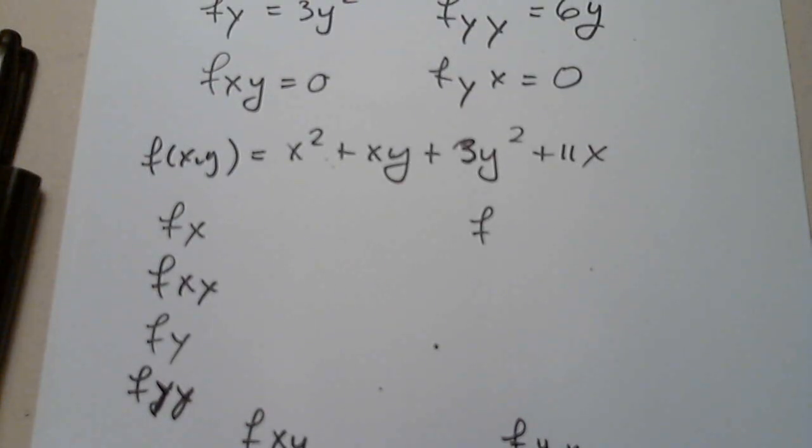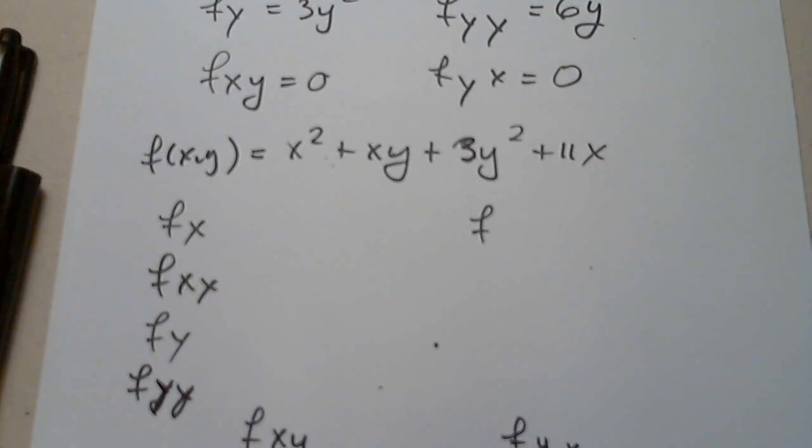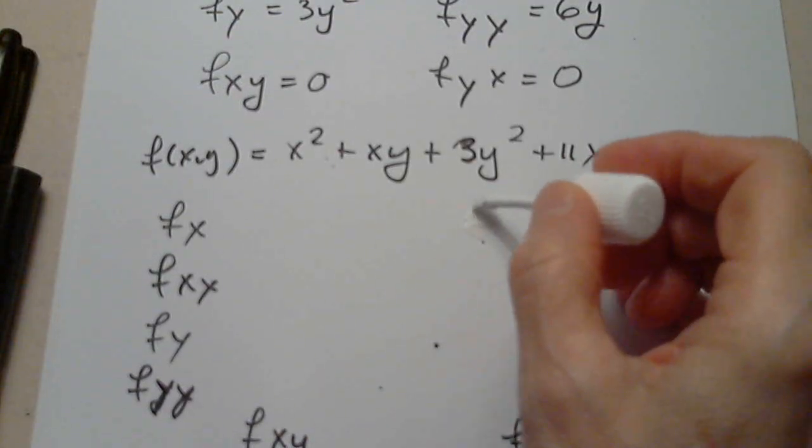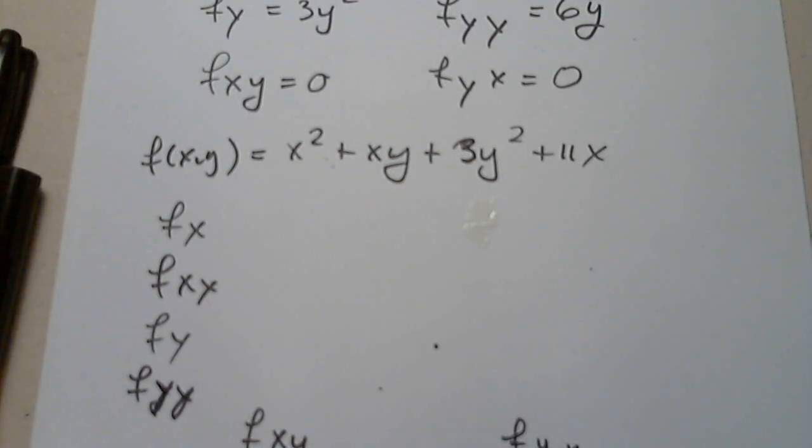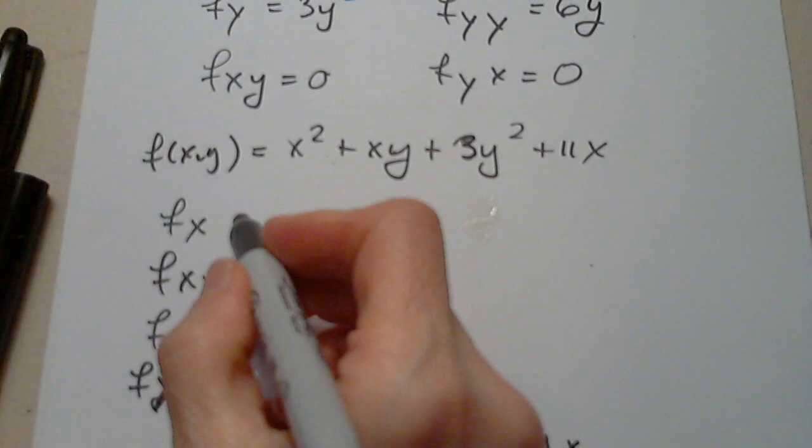All 6. Good. So let's start. When we differentiate with respect to x, we only look at x and nothing else. Nothing else counts. Everything else is a constant, even if it doesn't look like it. So can anyone give us fx?